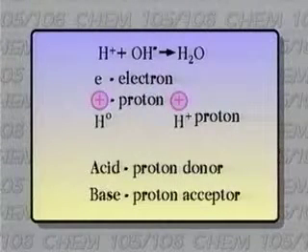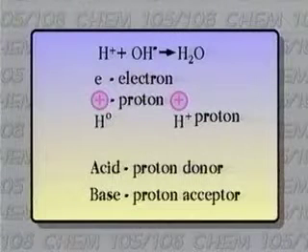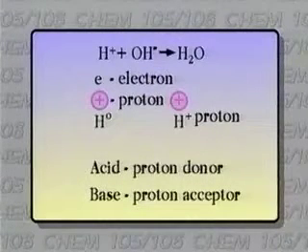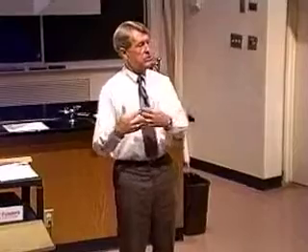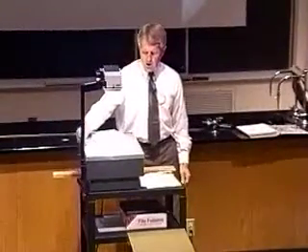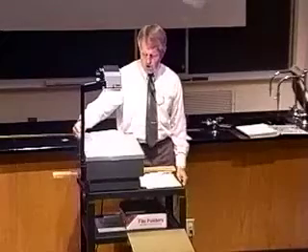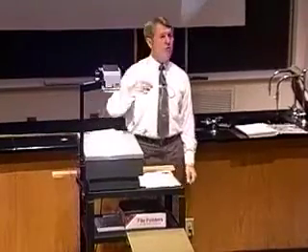We would get a neutral compound. So we see how the hydroxide neutralizes the acid property of the solution, or vice versa, how the acid neutralizes the base property of a hydroxide solution. So the hydroxide ion could accept a proton to make water, and therefore it was serving as a base.